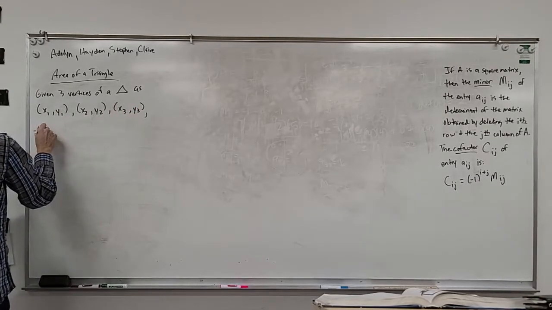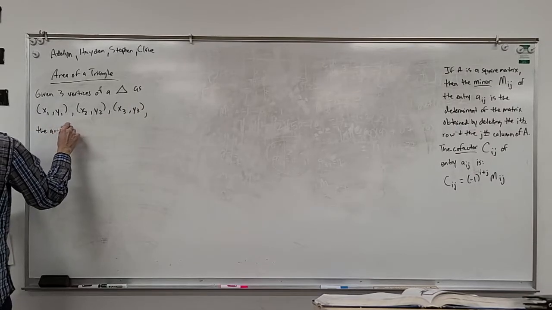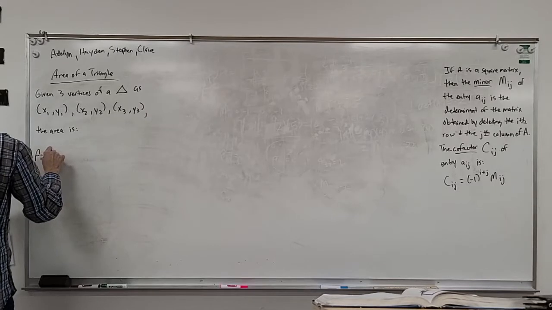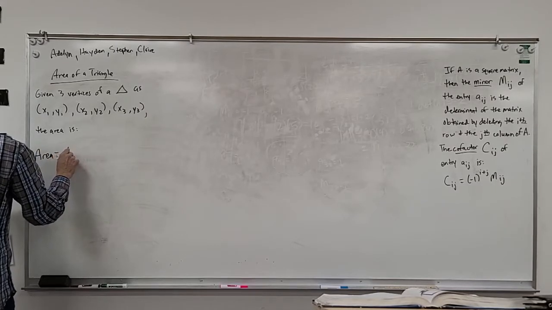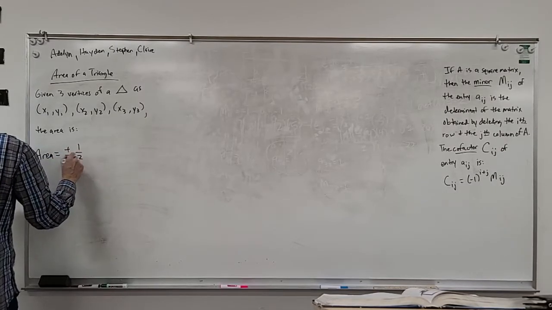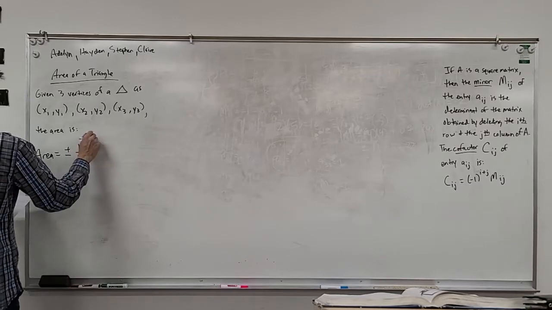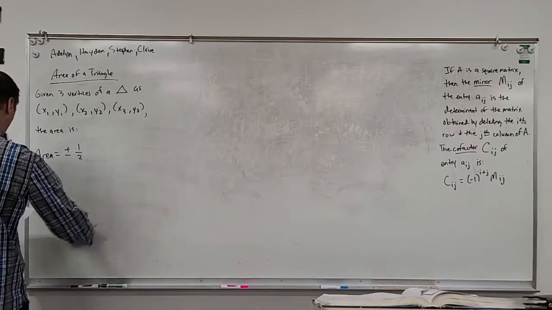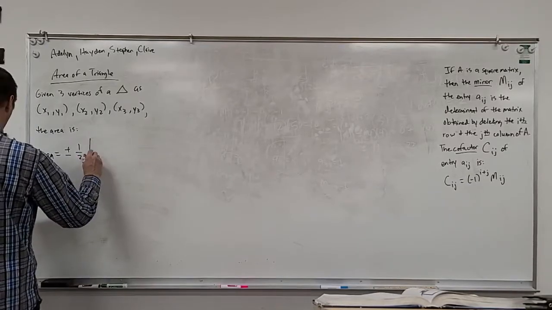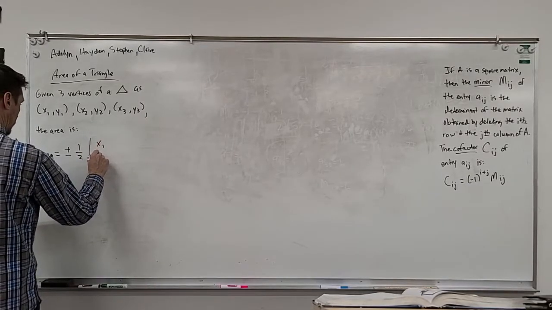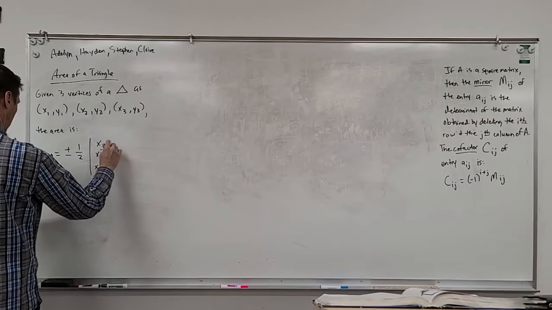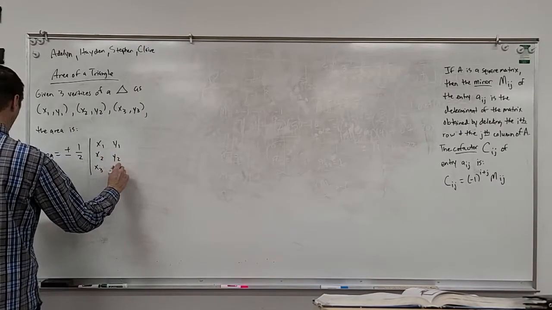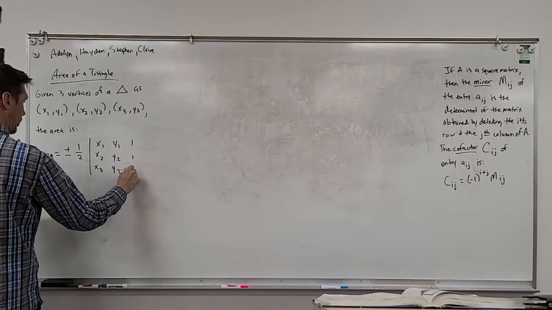Then the area is area equals plus or minus 1/2 times the determinant of the matrix with rows x1, x2, x3, y1, y2, y3, 1, 1, 1.